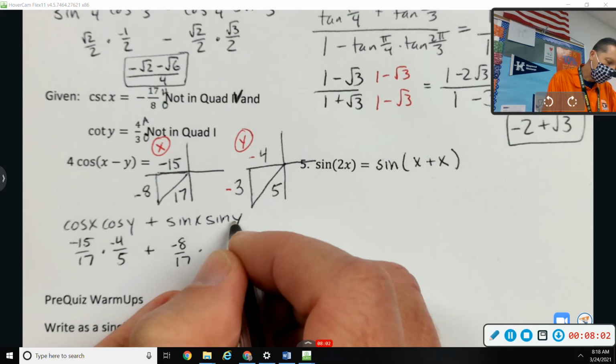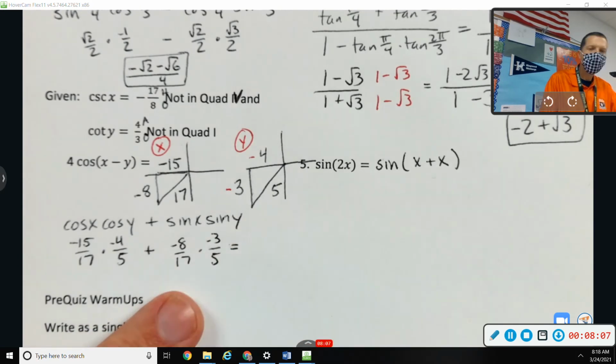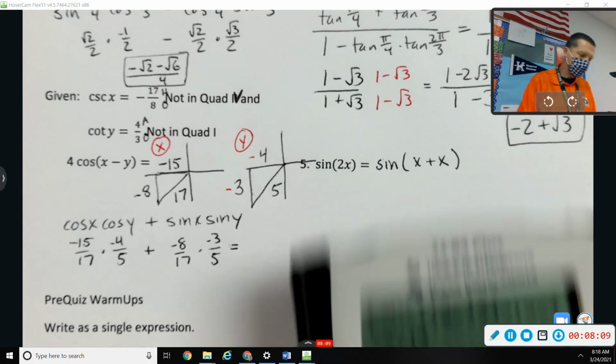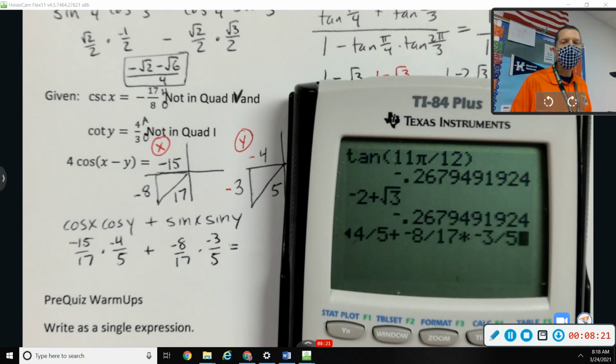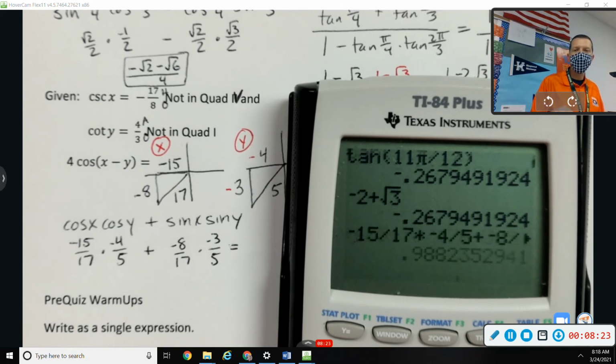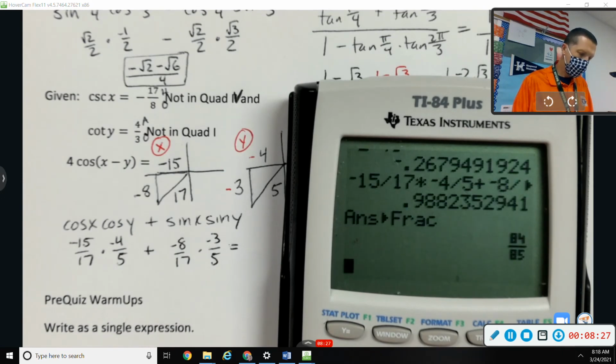And sine of y is negative 3/5. And then that's a calculator problem. And again, I avoid the fraction bar, but you're welcome to use it. 84/85.